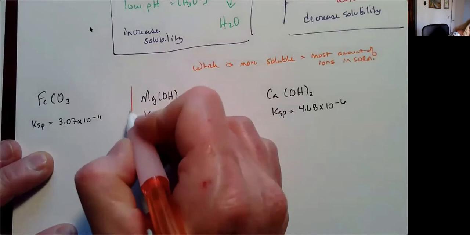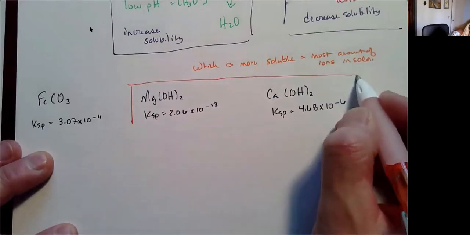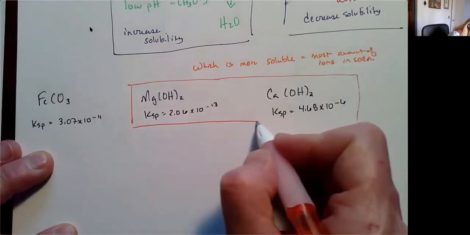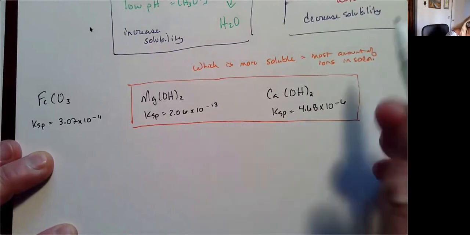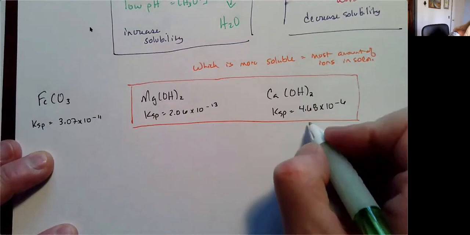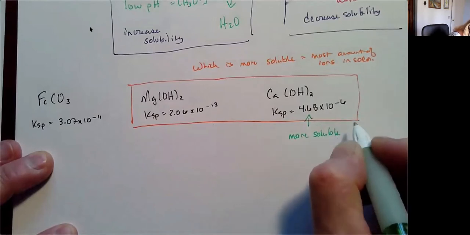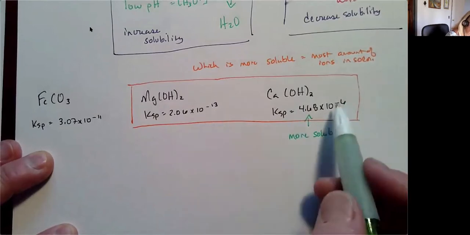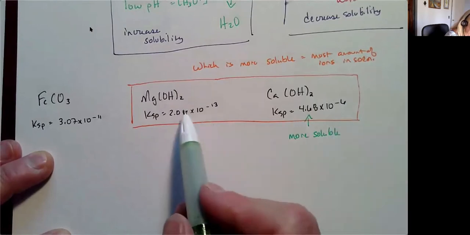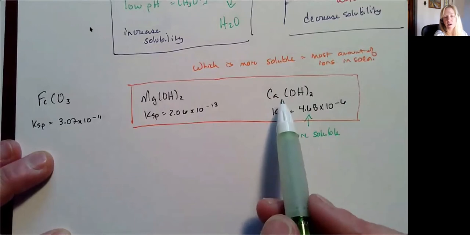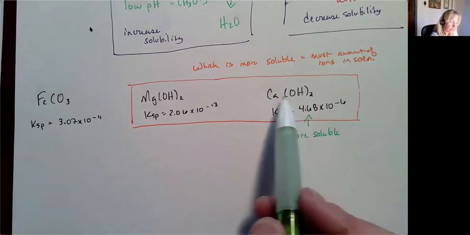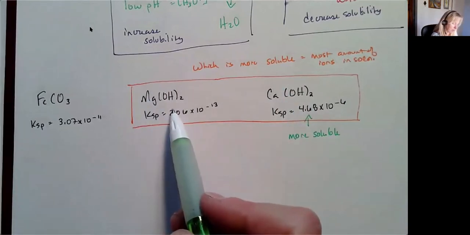So if I just look at these two here, and then I'll come back to iron carbonate. If I compare my KSP values, I'm going to assume that this is going to be more soluble because my KSP value is 10 to the minus 13 compared to 10 to the minus 6. So between these two, calcium hydroxide, there's going to be more of these ions in water than there is going to be of magnesium hydroxide.